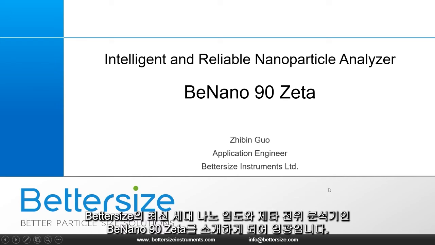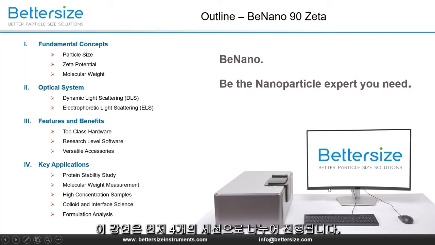It's my honor to introduce the BeNano 90 Zeta to you, the latest generation of nanoparticle size and Zeta Potential analyzer from Bettersize. This talk will be divided into 4 sessions. Firstly, 3 important concepts, particle size, Zeta Potential, and molecular weight, will be introduced briefly.